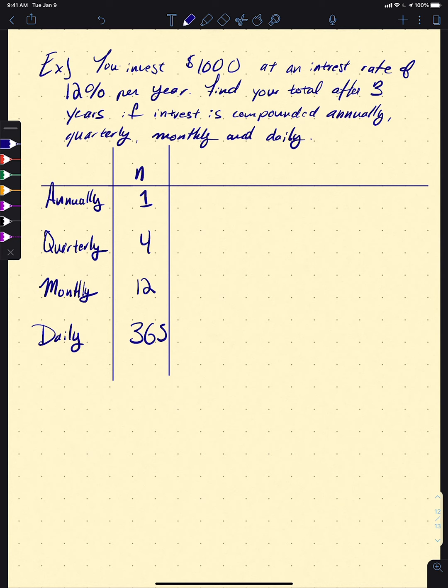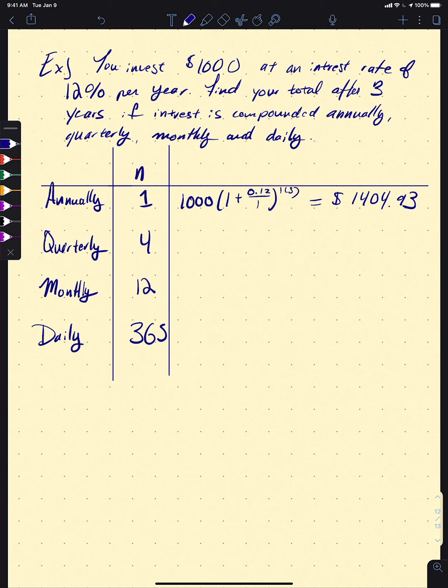For annual, our principal is 1,000. We go 1 plus our interest rate, 0.12, over the number of times we compound per year, raised to the number of times we compound per year times the number of years. When you plug that into your calculator, you're going to get $1,404.93 or so.